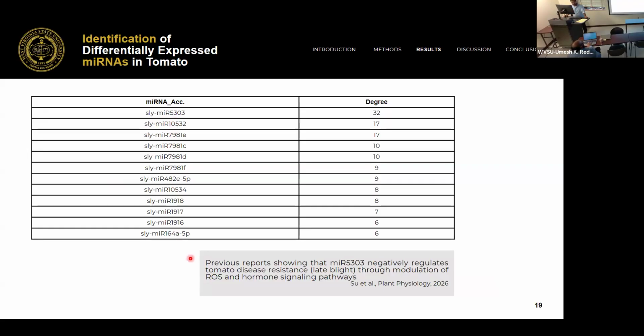An interesting thing is that there is a previous study on this MIR5303, noting that it negatively regulates tomato disease resistance to late blight through modulation of reactive oxygen species and hormonal signaling pathways. And these are other noticeable mRNAs.